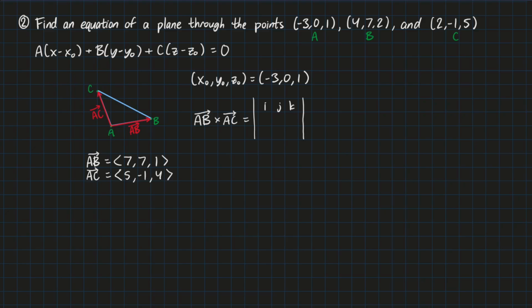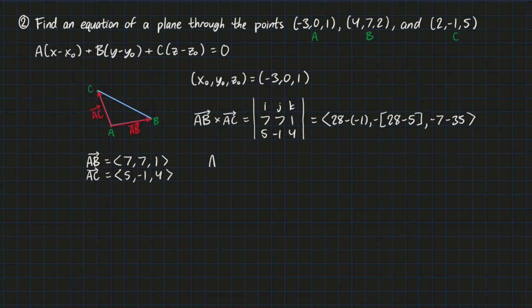Again, for the cross product, we're doing a 3 by 3 determinant. For the x component, we get 7 times 4, which is 28, minus 1 times -1, which is -1. For the y component, we're adding a negative, and we do 7 times 4 minus 1 times 5. For the z component, 7 times -1, which is -7, minus 7 times 5, 35.